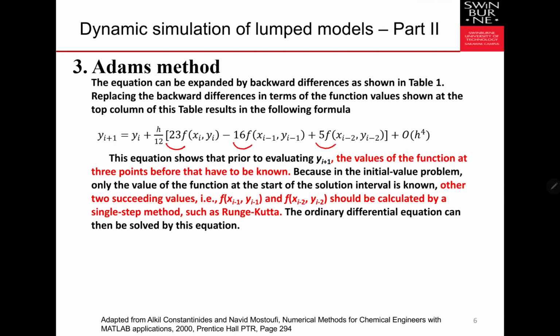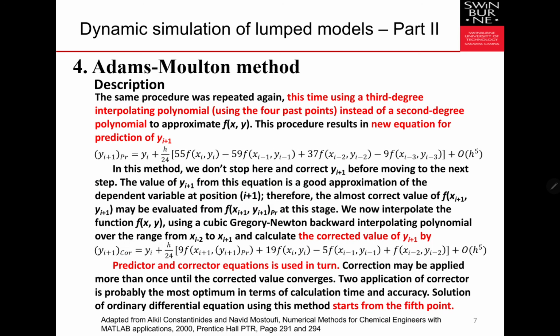Okay, therefore, for us to use the Adams method, we need to be able to get this value in here, 2 succeeding values in here. Okay, then only we can solve using this Adams method. We probably need to use a single step method such as Runge-Kutta method to get these two values beforehand.